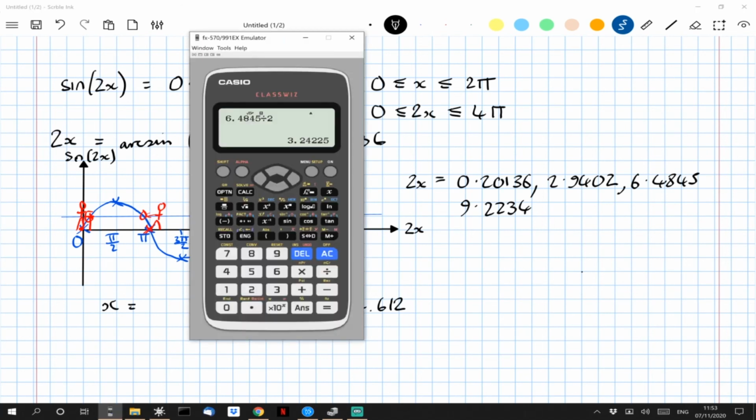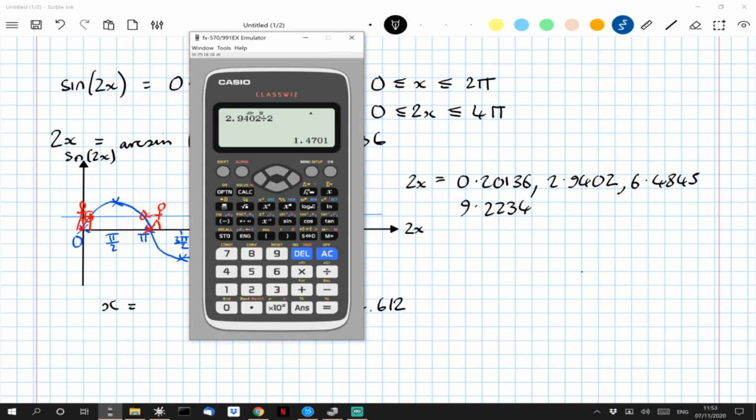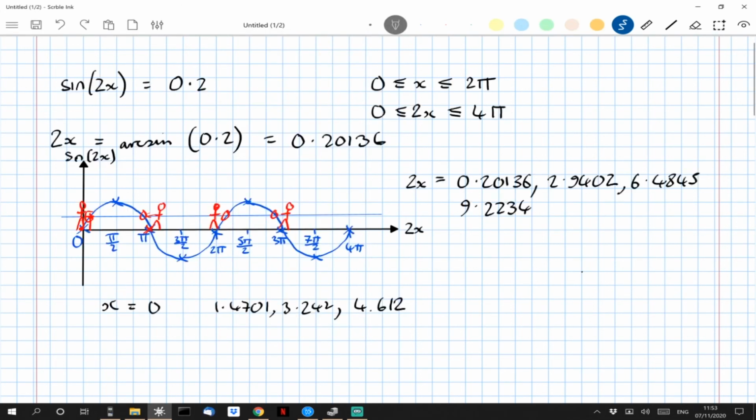Next one divided by 2, 2.9402. Quite long these questions can be. 1.4701. And then 0.20136 divided by 2 is 0.1007. And there's our final answers.